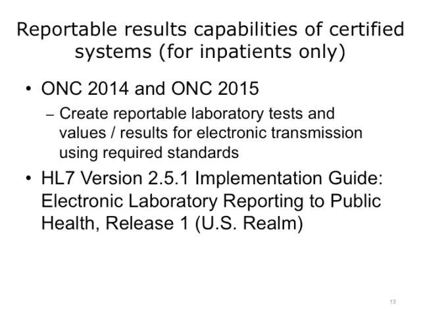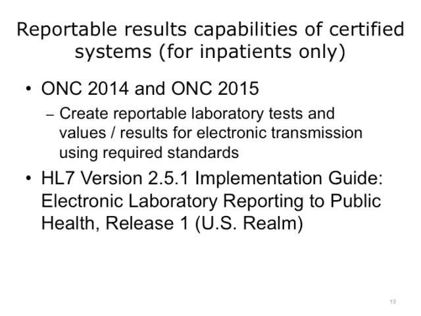Both ONC 2014 and ONC 2015 include the capability for hospital systems to report laboratory tests and values, results for electronic transmission using required standards. The functionality and standards are the same for both editions of certified technology.